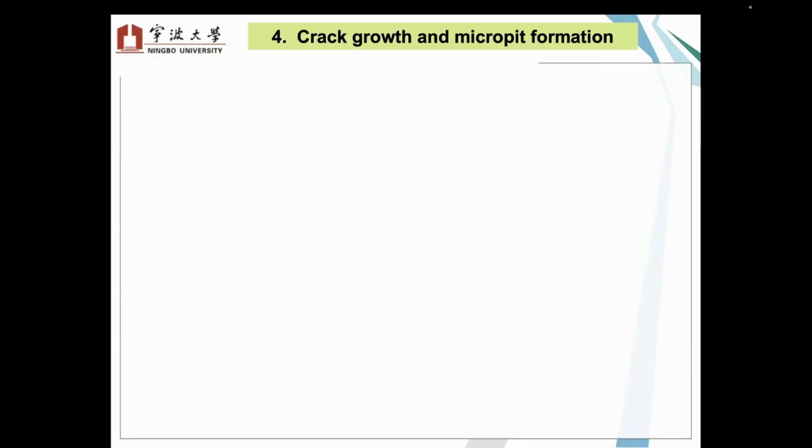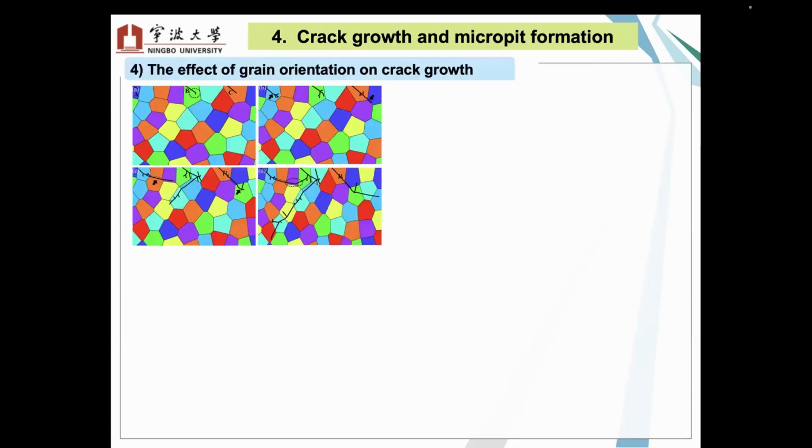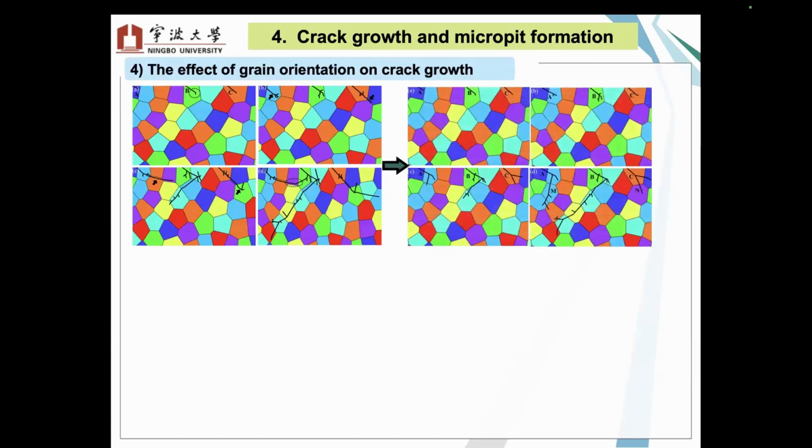So we did this simulation as well, and here are the results. We compared without changing anything but the grain orientations. For the first simulation we did one setup, and for the second we just changed the orientations of grains B, A and C, but kept everything else the same. We found different results.